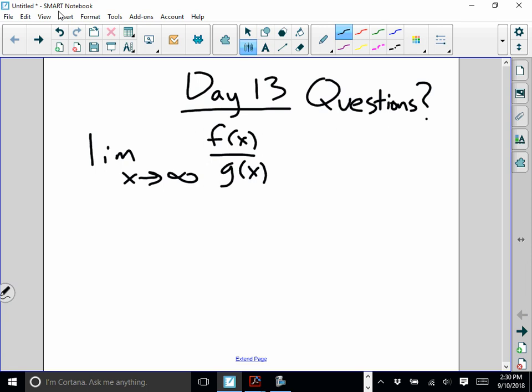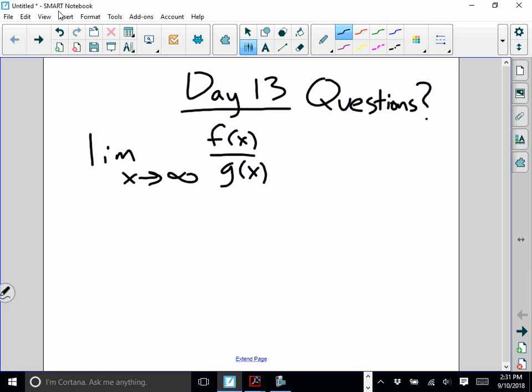The question today was over what happens when the limit as x goes to infinity of some function divided by another function, right? If we have this setup, limit as x goes to infinity of f of x over g of x, let's think about power, like what's more powerful, what's less powerful?